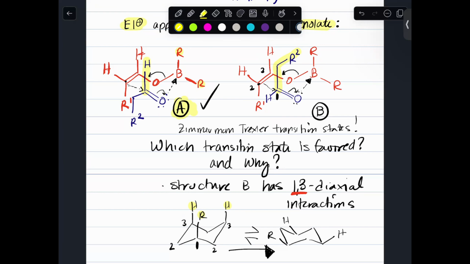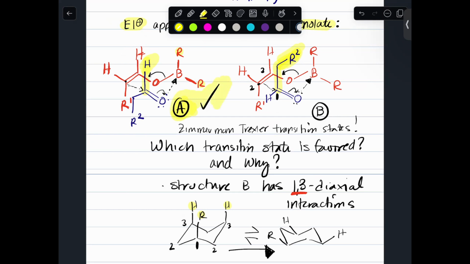It's just a small hydrogen as opposed to a large alkyl group. Do you guys see that? So the aldehyde can approach the enolate from the front, and it can approach it from the front with the hydrogen in the axial position or with the R group in the axial position. And if you have to choose, you will always choose the hydrogen in the axial position.